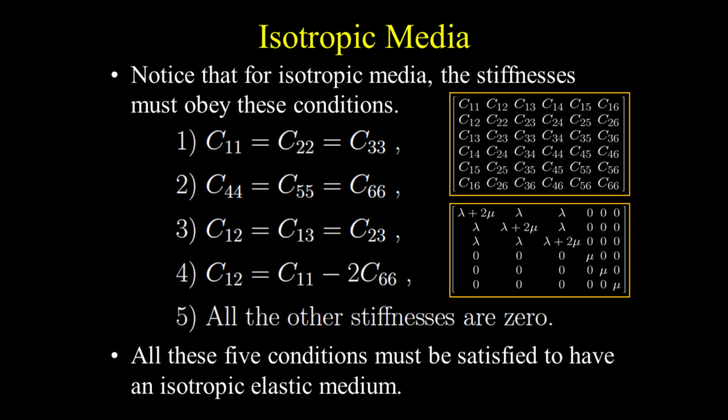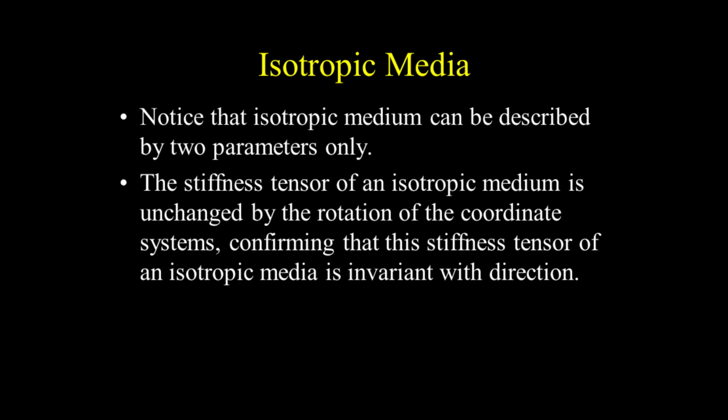In addition, C12, for example, must be equal to C11 minus 2C66. All the other stiffnesses are 0. All 5 of these conditions must be satisfied to have isotropic media. So we have just described the stiffness tensor for the case of isotropic media.